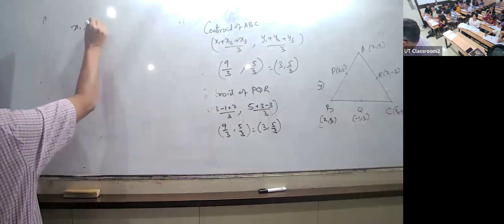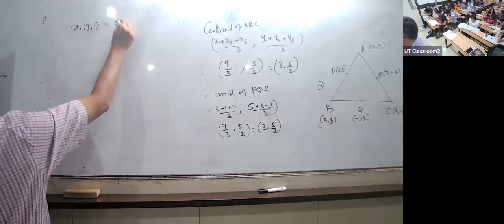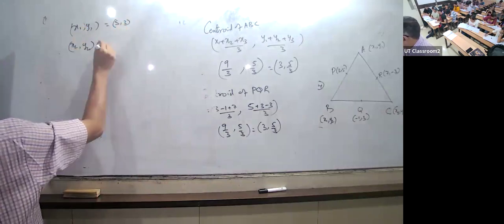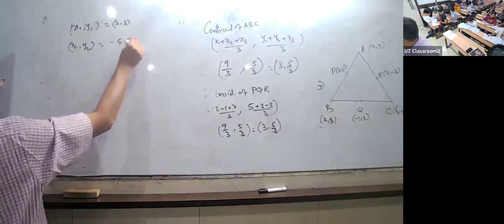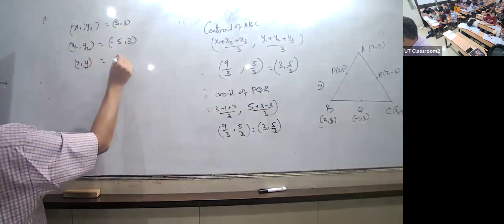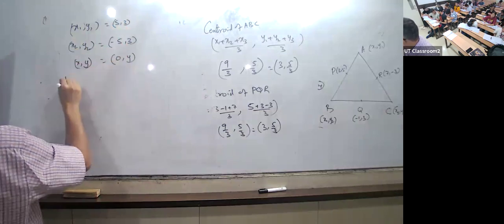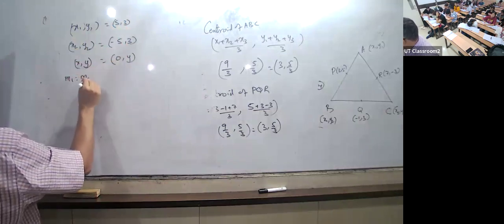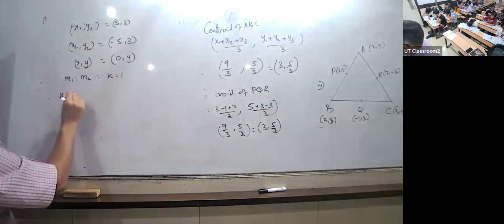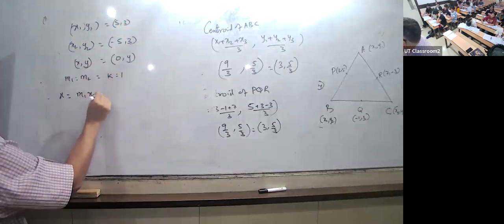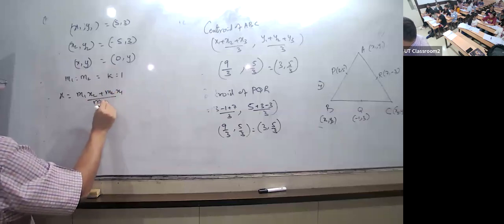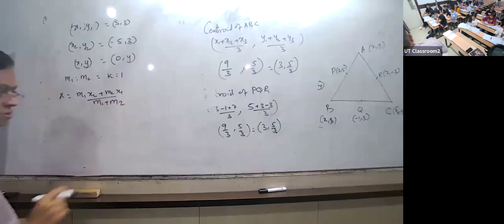Stop talking now. The point x comma y is on the y-axis, so 0 comma y. You have to find the ratio m1 is to m2, say k is to 1. x is equal to m1 x2 plus m2 x1 upon m1 plus m2. Only 4 people could do this.